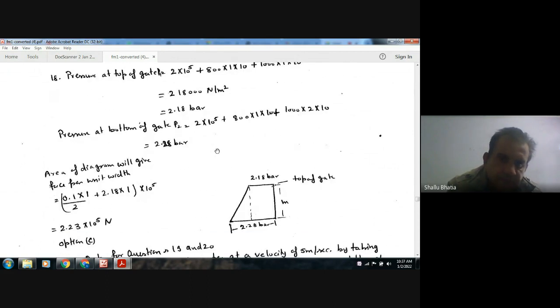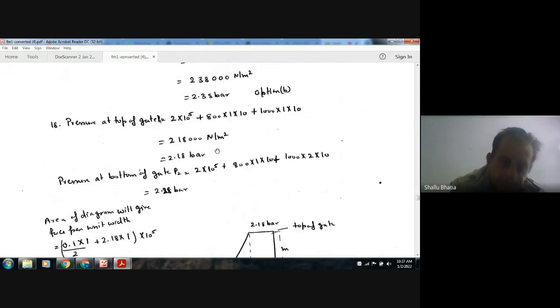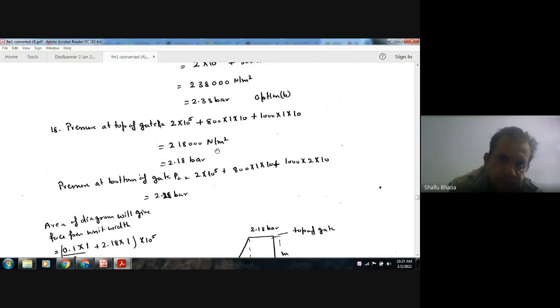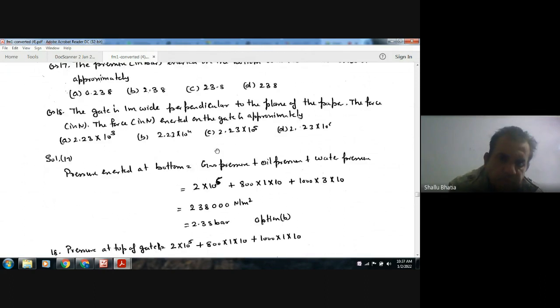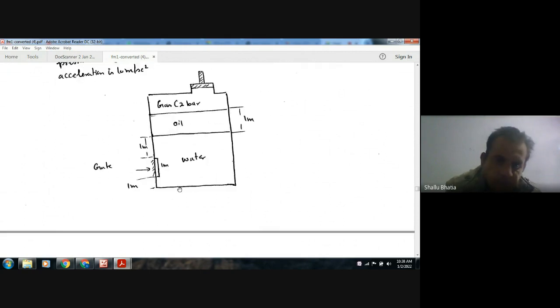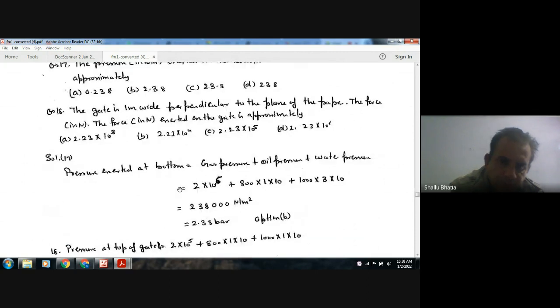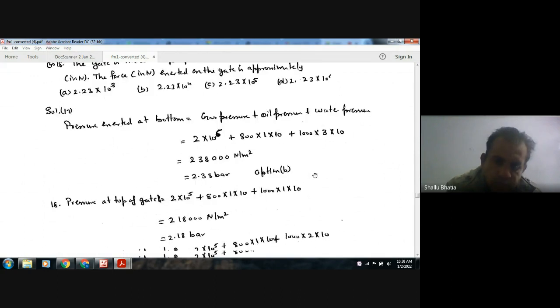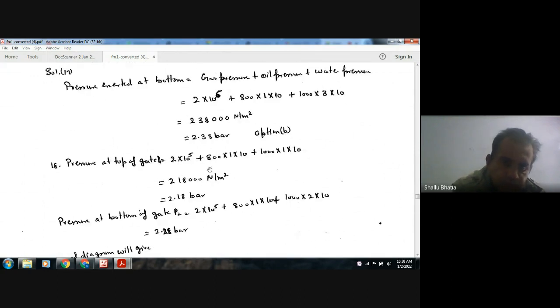Okay, so the pressure on the top of the gate is 2 bar plus oil pressure plus 1 meter head of water pressure. Okay. And it comes to 2.18 bar.